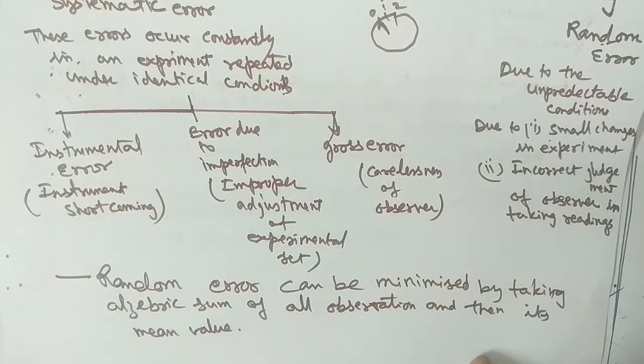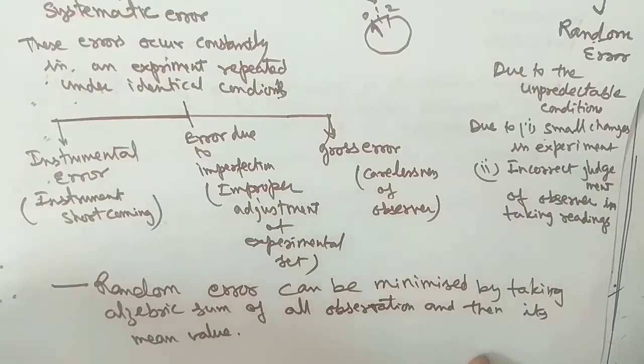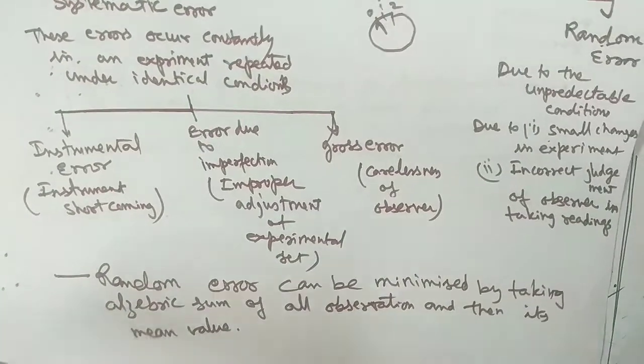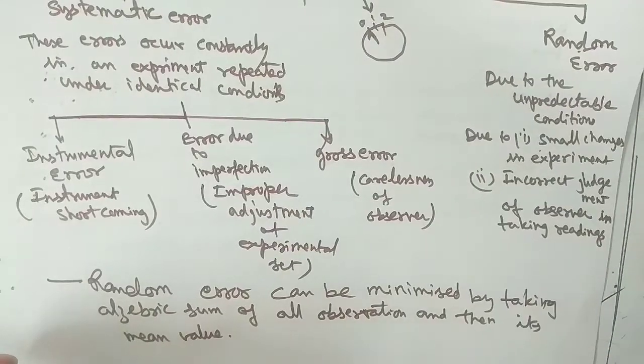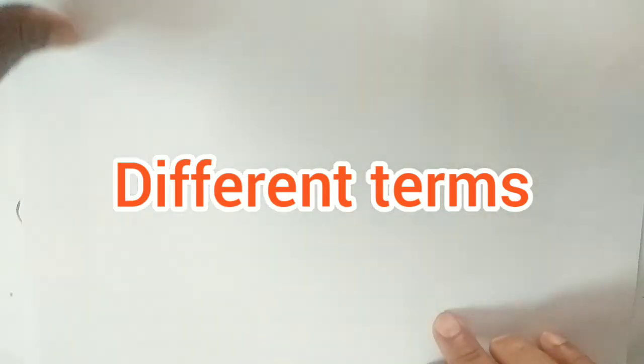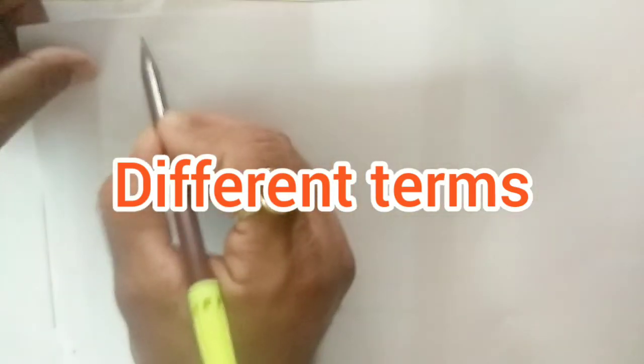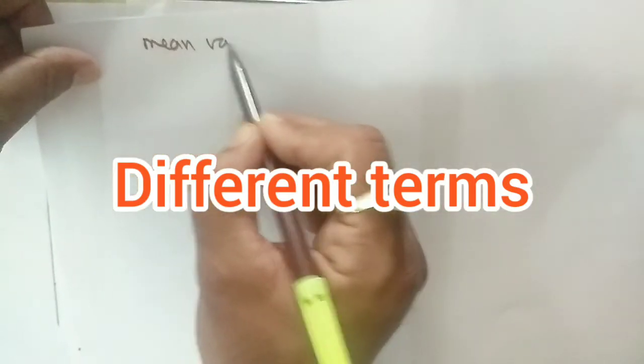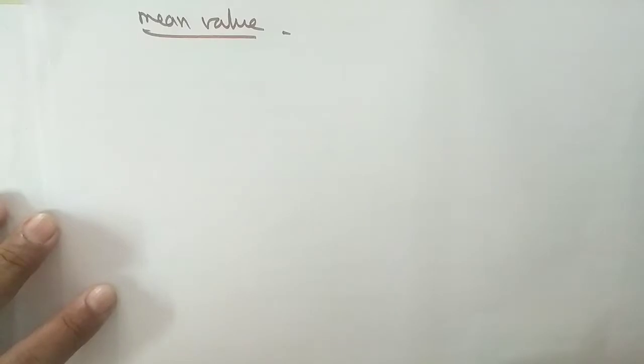Now we'll discuss some different types of errors. Some technical values you can find in this chapter are useful in numericals. So you should know what the mean value is while taking readings from any instrument.